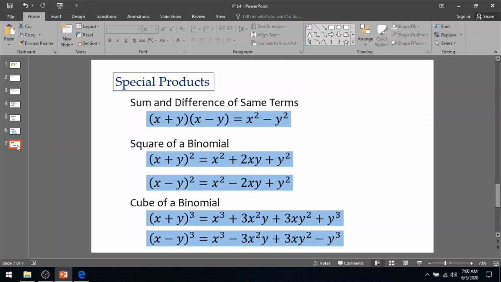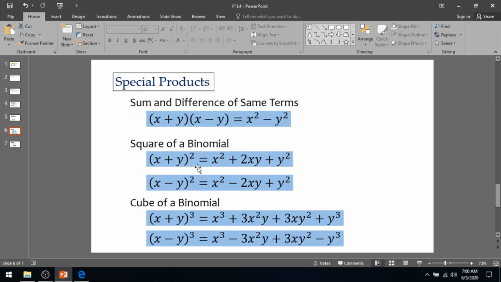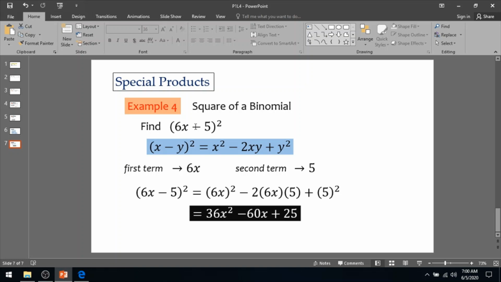Again, sum and difference of two terms. So, mura ni siya ang mga special cases nga frequently occurring or frequently used in algebra. So, as an example, what is the square of a binomial? Find the square of quantity 6x minus 5. So, ang atong gamiton ani is katong kani x minus y quantity square. So, di ba? Kay difference man siya sa two terms, difference sa duha ka terms. Nya gi-square nimo.